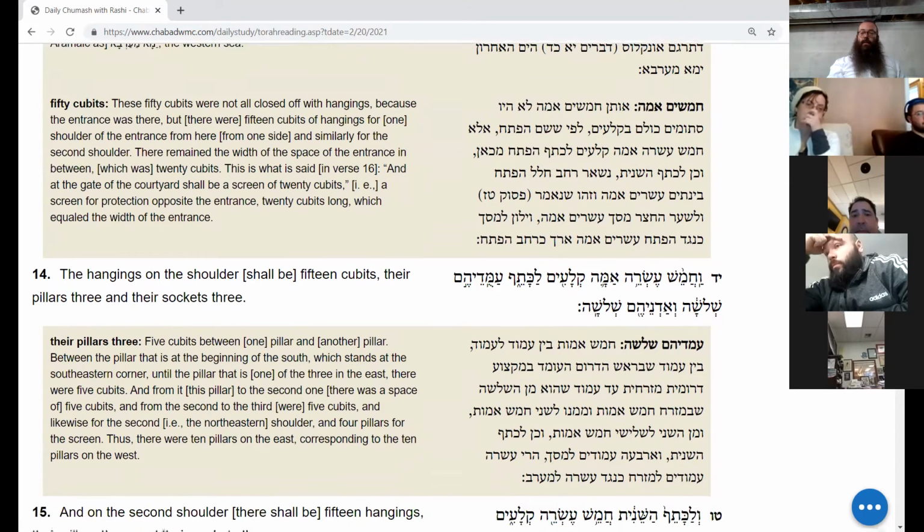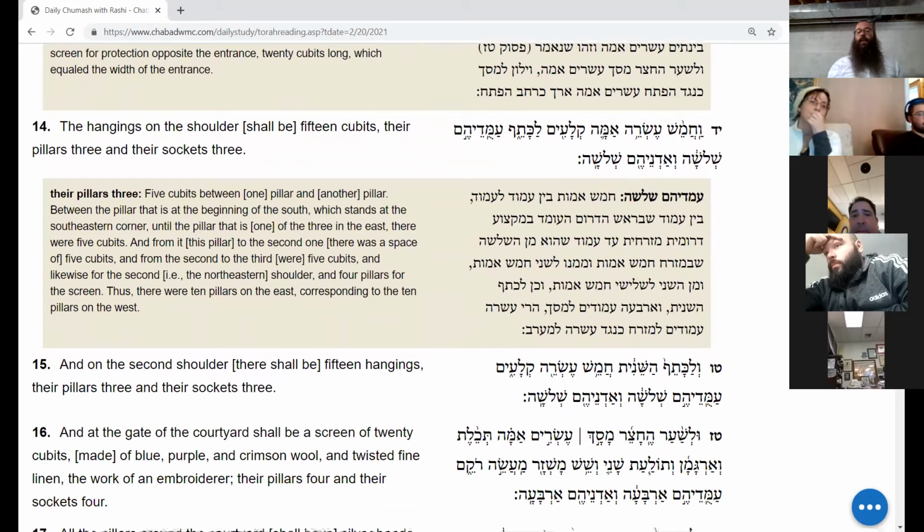Okay, next one. What about the front door? Because in the front you need a doorway, so the front is not going to have the same length as the back. The back we said was 50 amas with 10 pillars, but not so the front. So basically, you're going to have two corner walls coming in from the two ends on the eastern side.